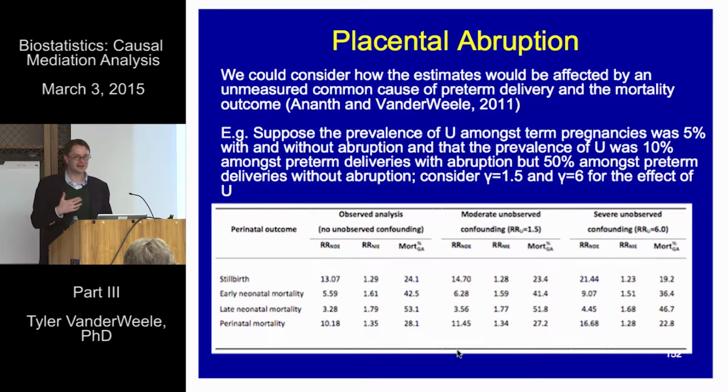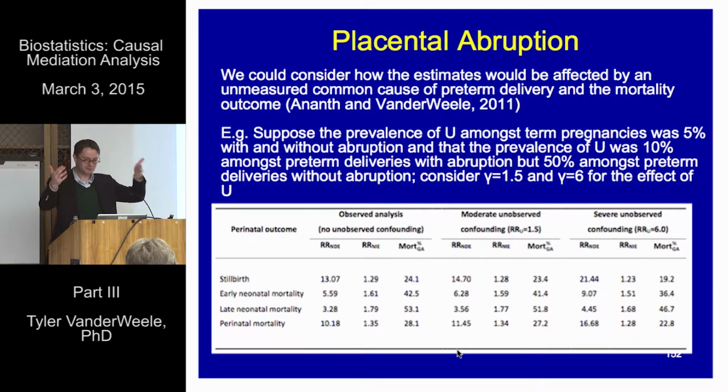The example that initially got me into these mediation questions to begin with was looking at the effects of prenatal care on infant mortality, and whether that was mediated by the detection of early pregnancy problems for which the appropriate response would be medically induced preterm birth. I tried to do the analysis as carefully as possible.